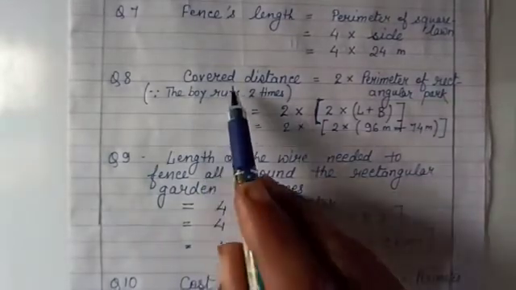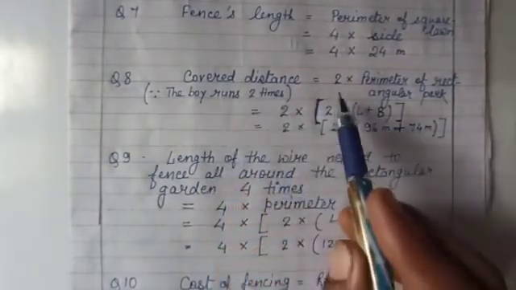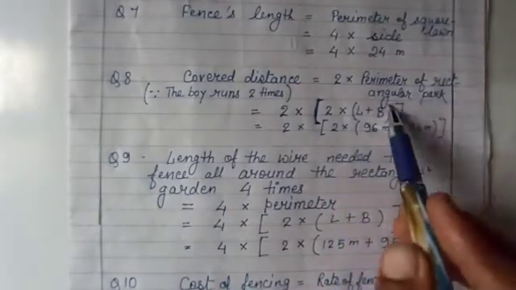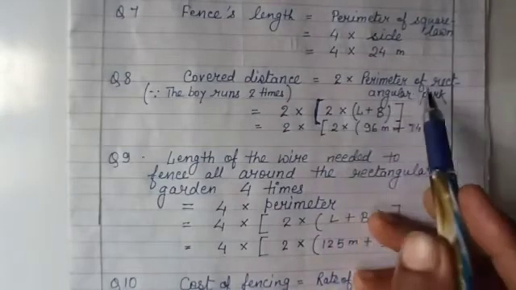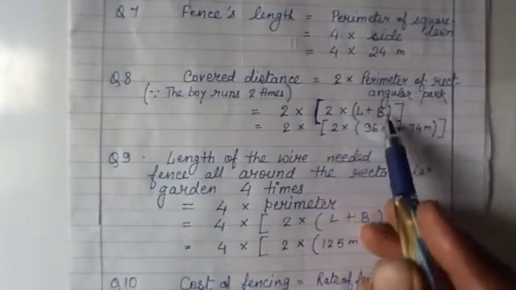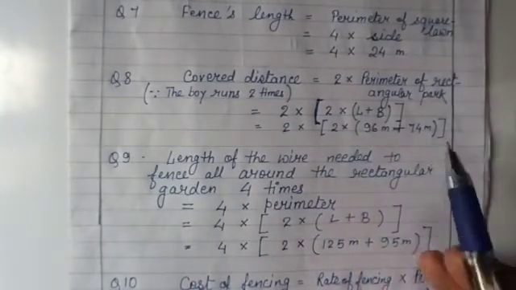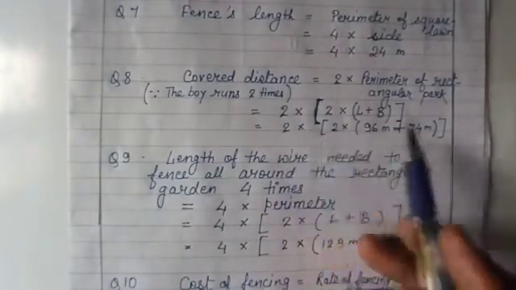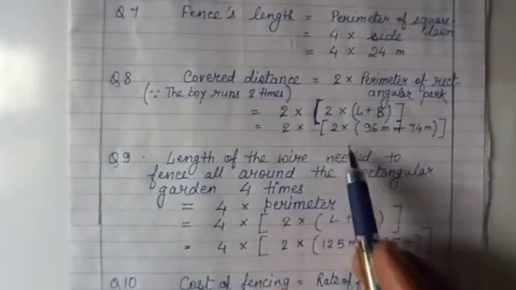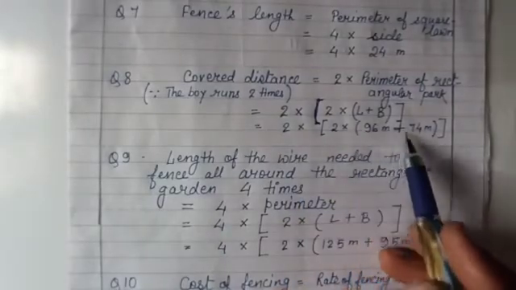So the distance covered by him is equal to 2 into the perimeter of the rectangular park. And you know, the perimeter of a rectangular park is 2 into (L plus B). L is 96 meters, breadth is 74 meters. Therefore, 2 times means 2 into perimeter, which is 2 into (length plus breadth).